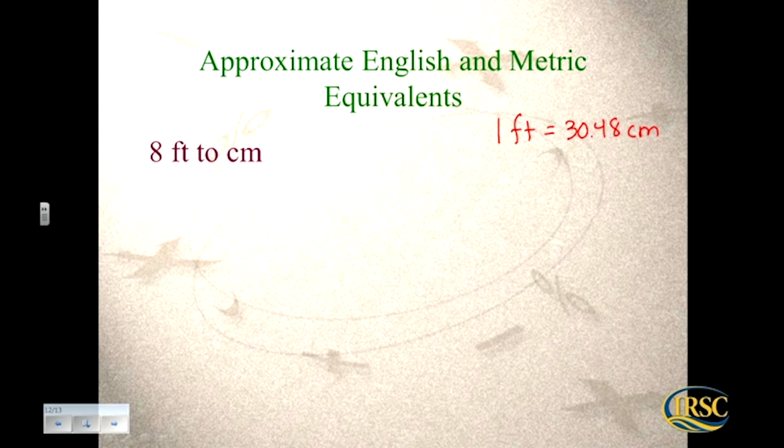So because you're working in 2 different systems, you might say, I don't remember when I'm supposed to multiply or divide. And this is how dimensional analysis can really just help you work out the problem. So we're starting out with 8 feet, so we're going to put 8 feet over 1.